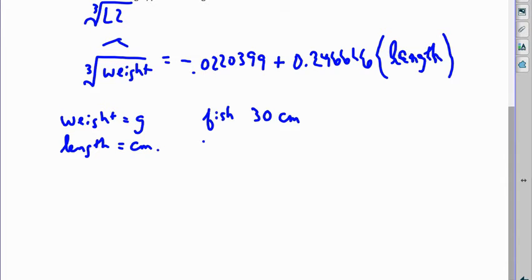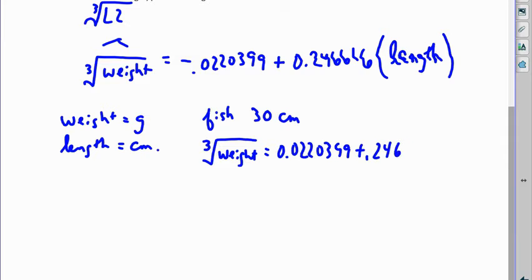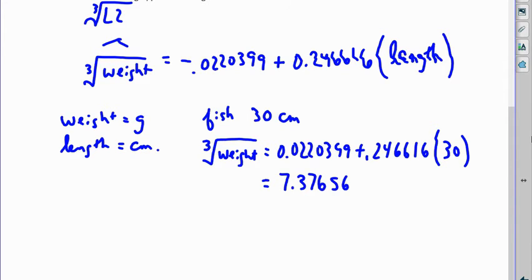So I would put in, cubic root of the weight will be negative 0.0220399 plus 0.246616 times 30. Then punch that in the calculator. So the cubic root of the weight will equal 7.37656.